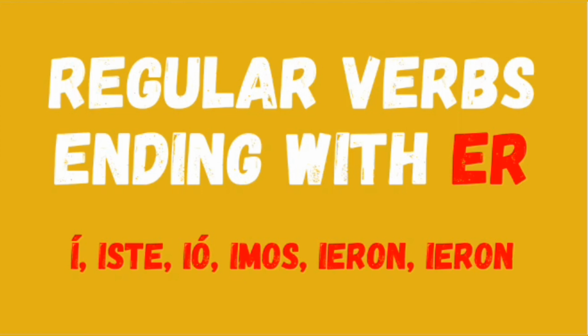Then if you have the personal pronoun you in the plural form, which means ustedes, the ending of your verb would be ieron. The same with the personal pronoun they, which means ellos, if you are talking about a group of boys, or ellas, if you are talking about a group of girls, okay? And the ending would be ieron.